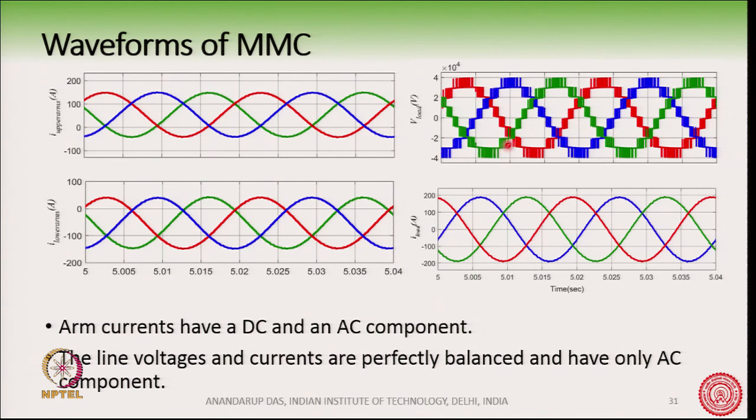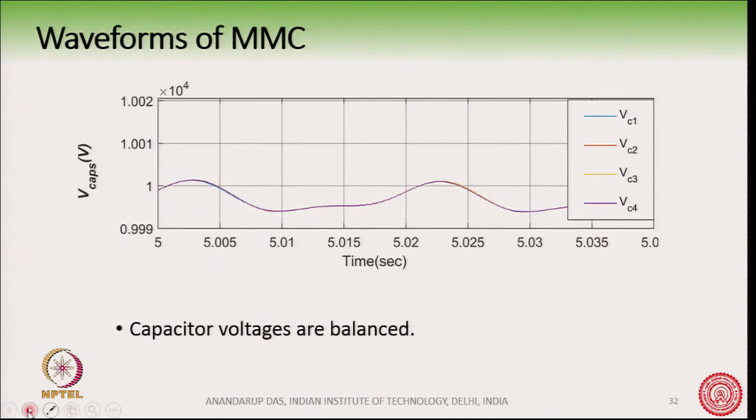And the load voltage is here. We can calculate how many levels there will be. You can find that this is very close to a sine wave, and therefore the load current is also sinusoidal. And the capacitor voltages in these 4 cells are pretty balanced.